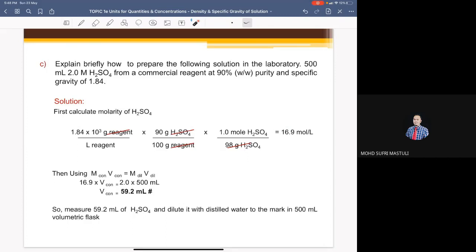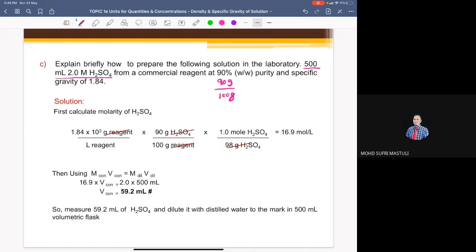So now this question is asking you to briefly explain how to prepare the following solution: 500 ml of 2 molarity sulfuric acid from commercial reagent, 90 gram per 100 gram, with a specific gravity of 1.84.